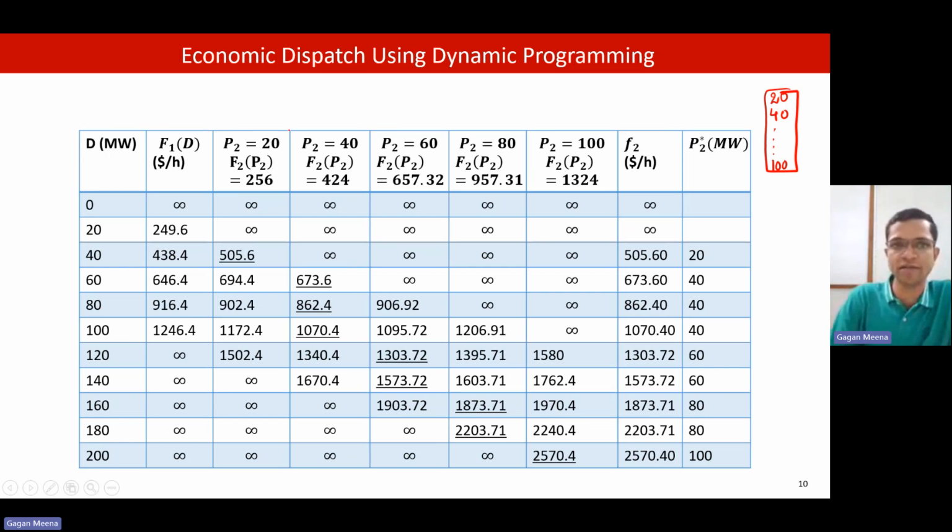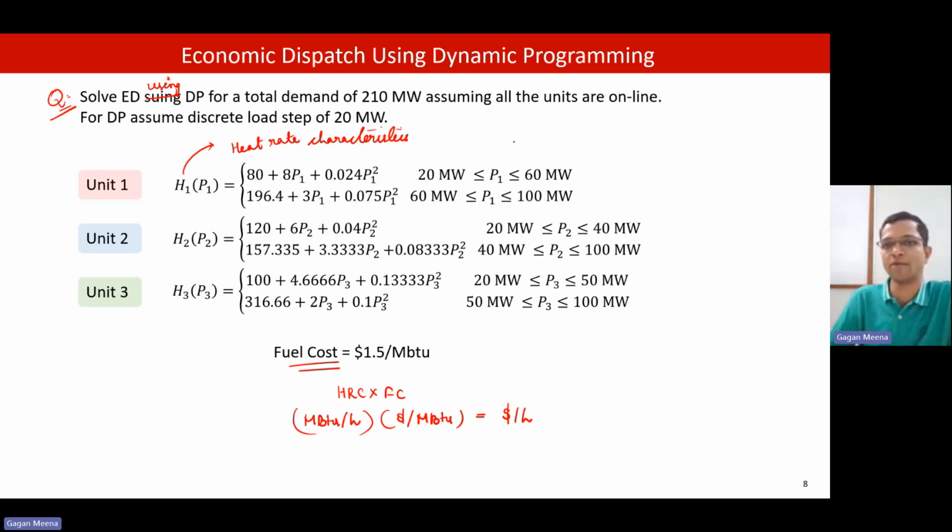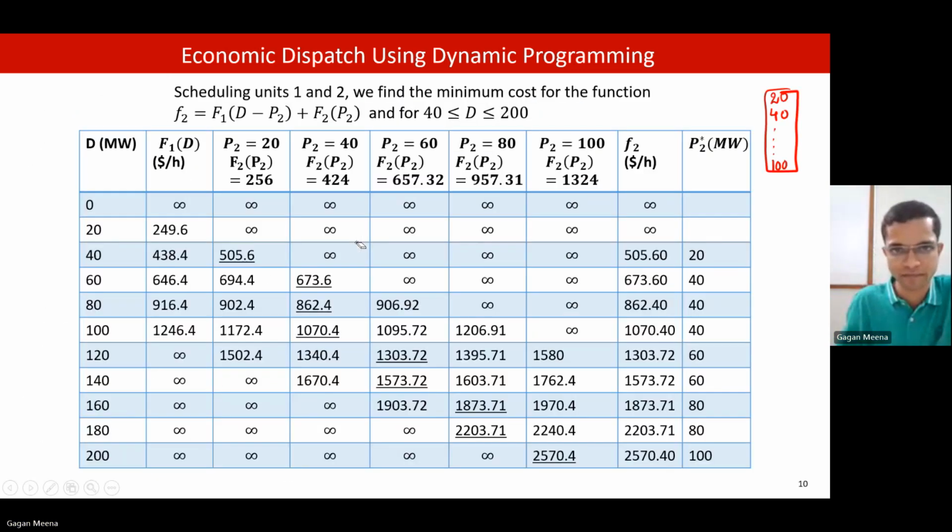Up to 40 for P2 you can use this curve, multiplying this by 1.5. And from 40 to 100 you can use the second one, multiplying it by 1.5 first. Then you will get all these values for each of these load steps.